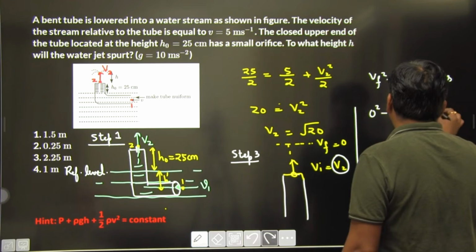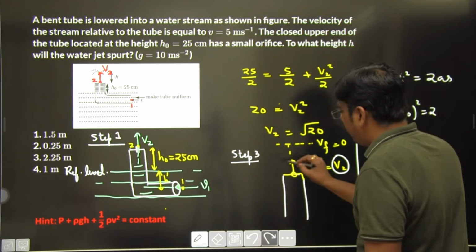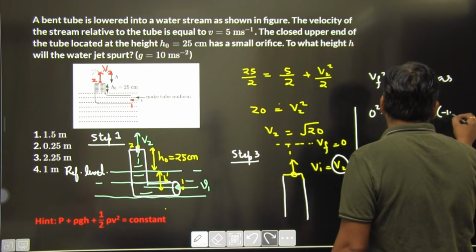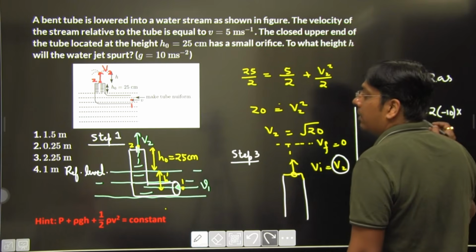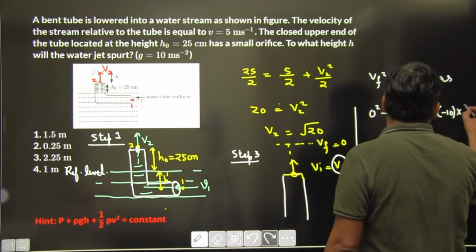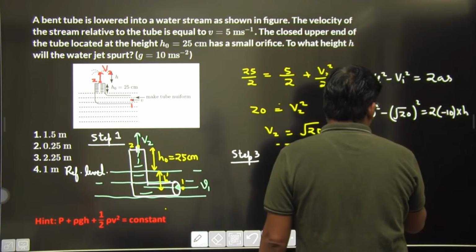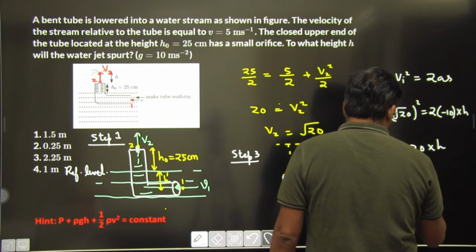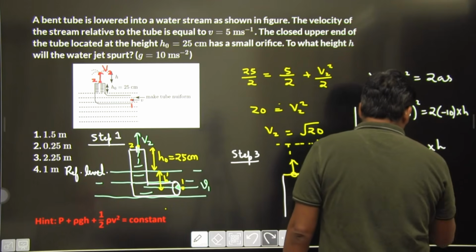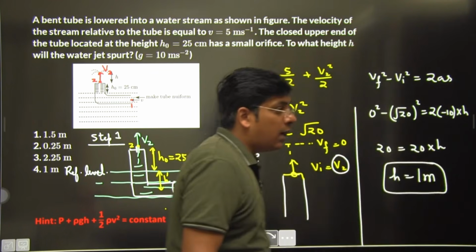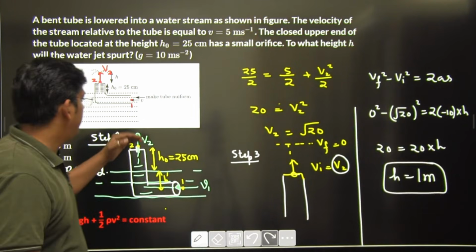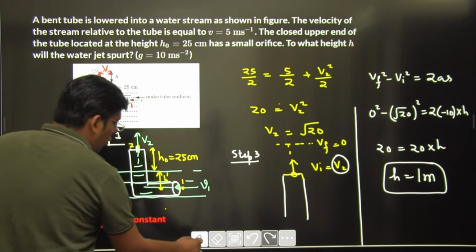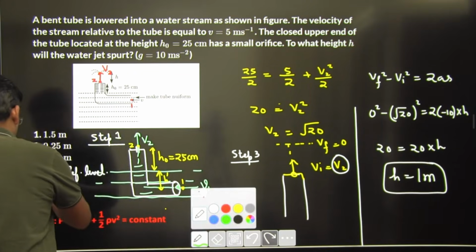Acceleration is the acceleration due to gravity, which acts in the downward direction, so we take minus 10 into height h as per the question. So 20 is equal to 20h, and we get the value of height as 1 meter. So the water jet will rise to a height of 1 meter above this orifice. Option 4 is the right answer.